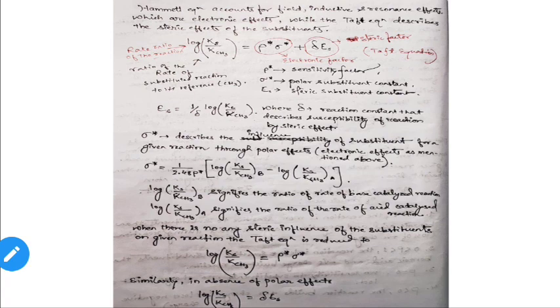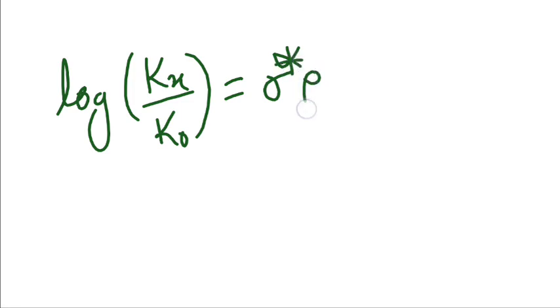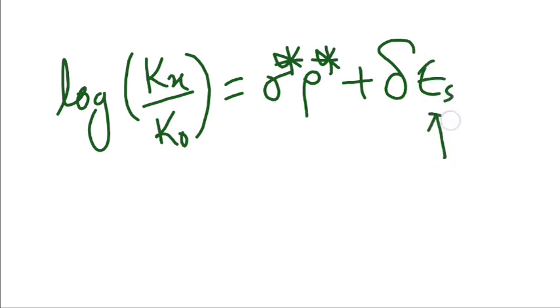These are the values by which we can describe it. The Taft equation which we have got is log kx by k naught equal to sigma star rho star plus delta Es.